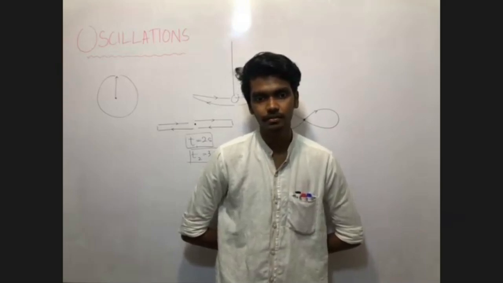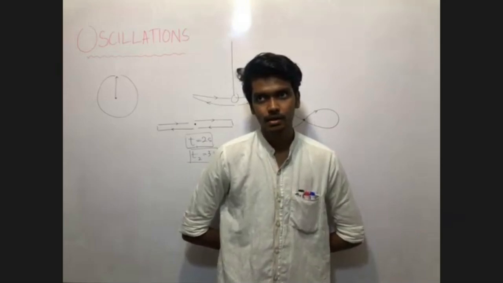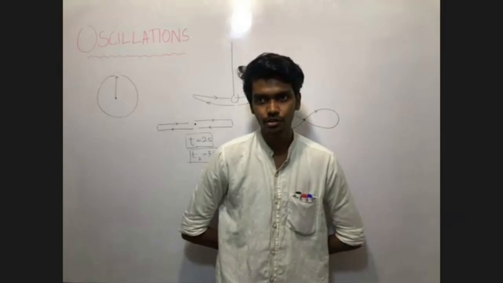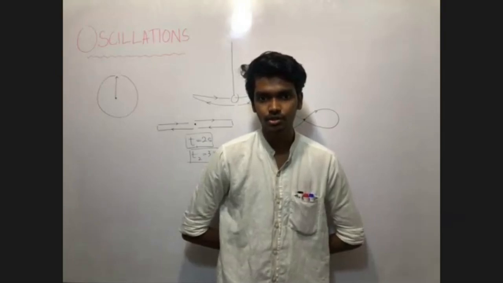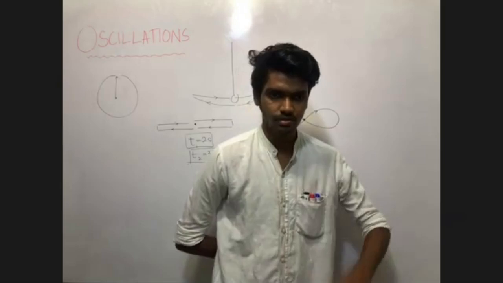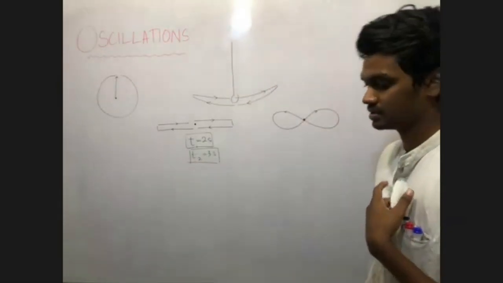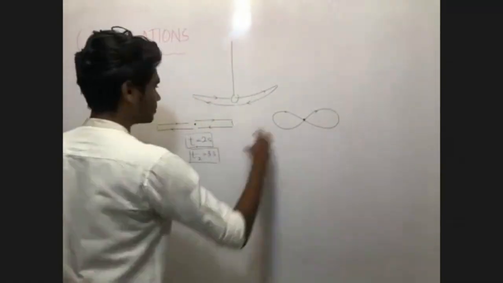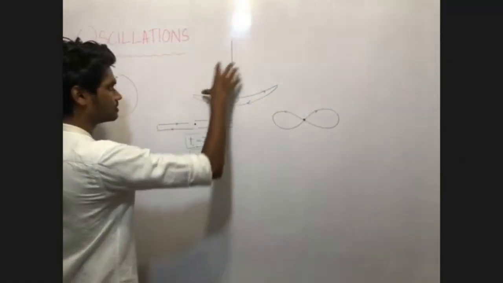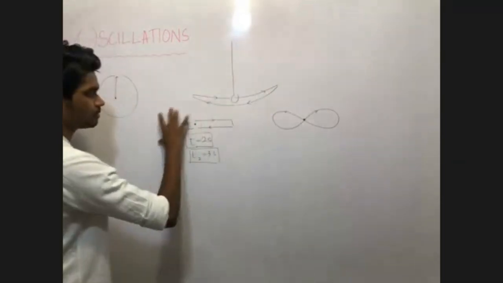Motion of hands of a clock. Just mark these side by side, right? Smaller figures, right?